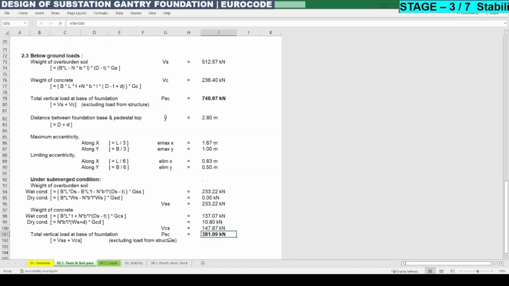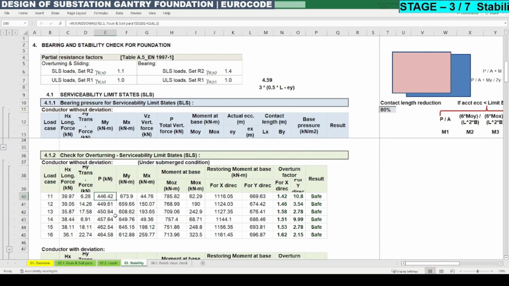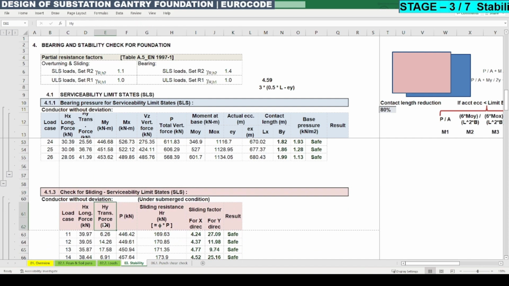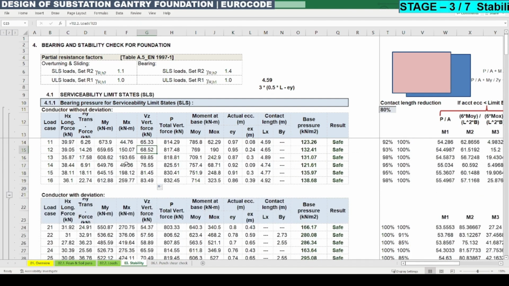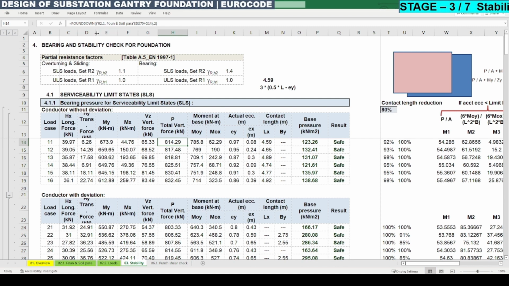So you can see here this submerged weight is I101. So this is the weight we need to consider. For overturning and sliding alone, the submerged weight we need to consider. And for bearing pressure calculation we can consider the dry density or dry weight of the foundation and the subsoil.